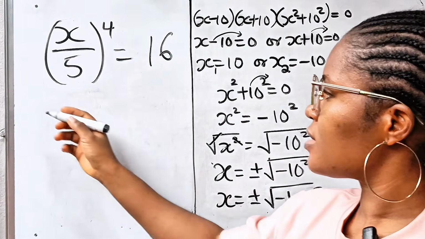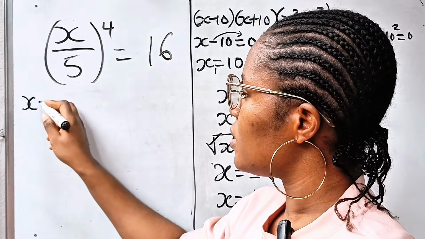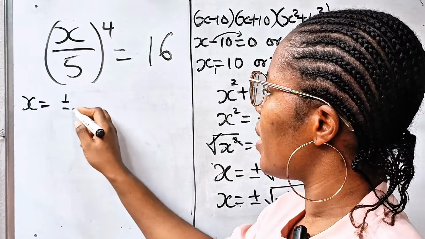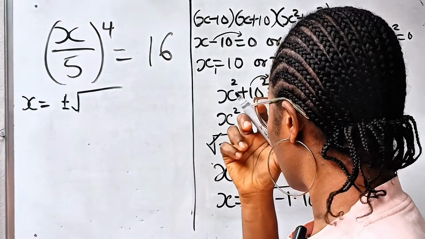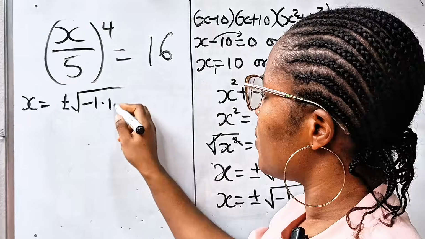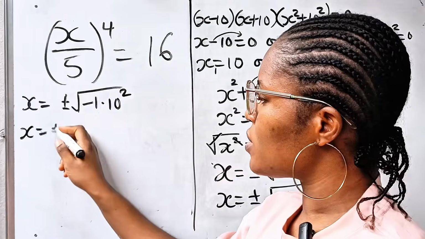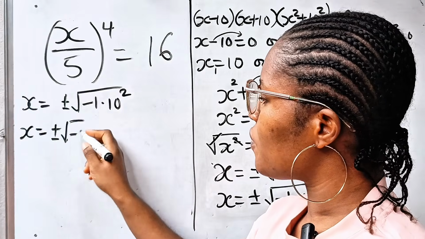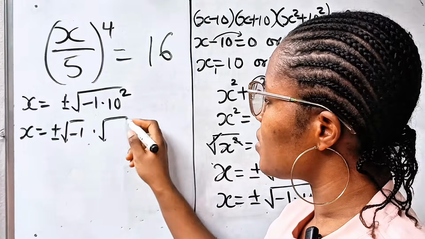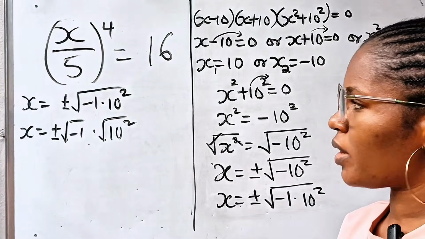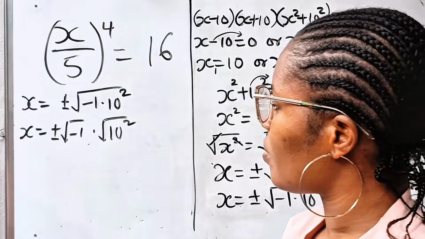So we have x is equal to plus or minus the square root of minus 1 multiplied by 10 squared. So we have x is plus or minus the square root of negative 1 multiplied by the square root of 10 squared, right?